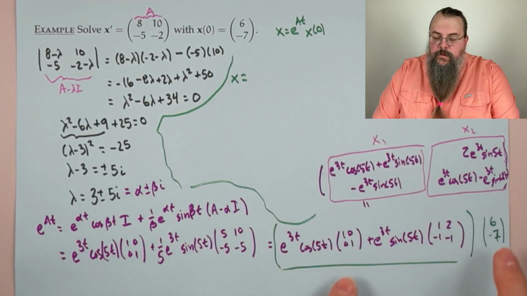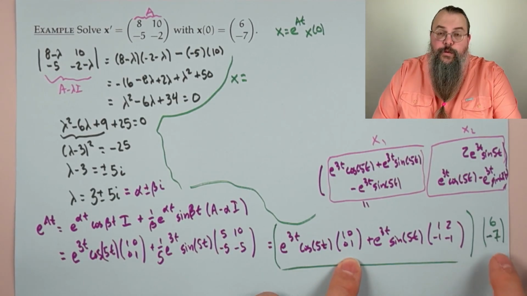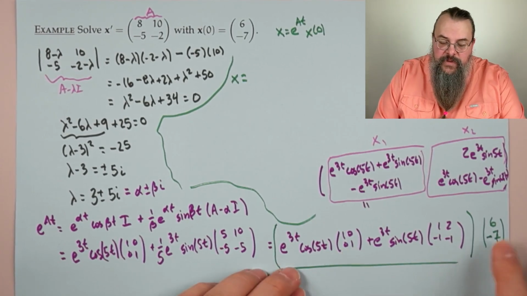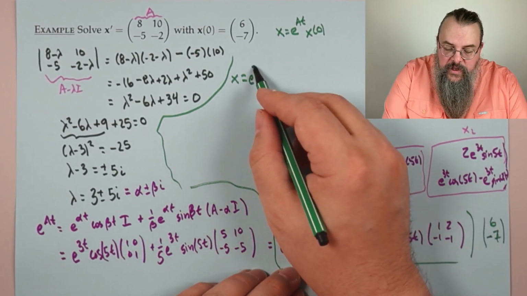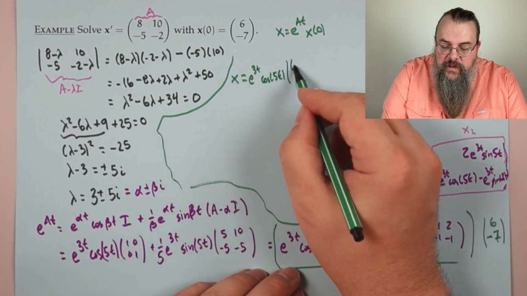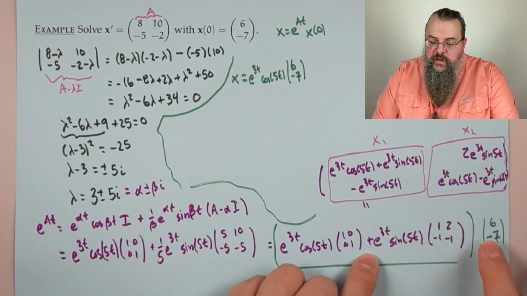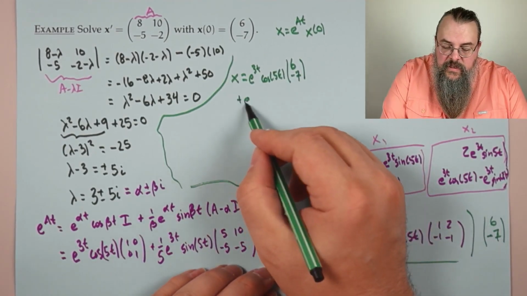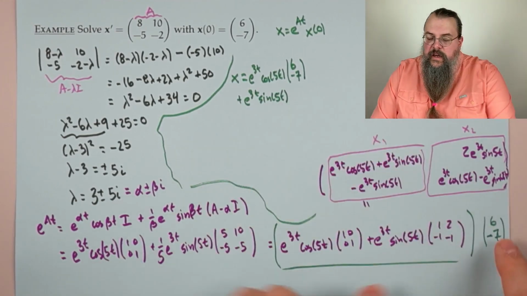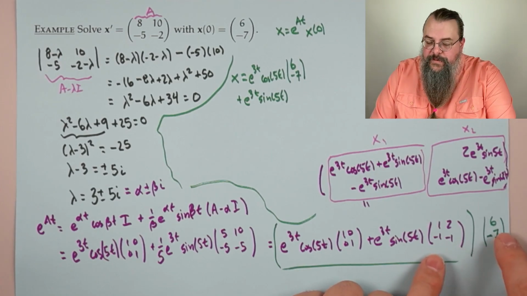When we have that, what will we get? Well, we'll have the identity times 6, negative 7. Now remember, the identity acts like 1. So whenever I multiply something times 1, I get that something. So we'll have e to the 3t cosine of 5t times 6, negative 7, plus e to the 3t sine of 5t times the product of 1, 2, minus 1, minus 1 with 6, negative 7.